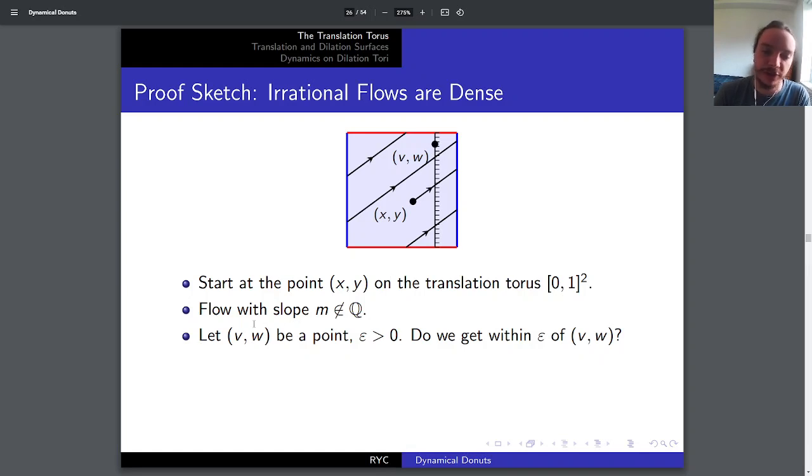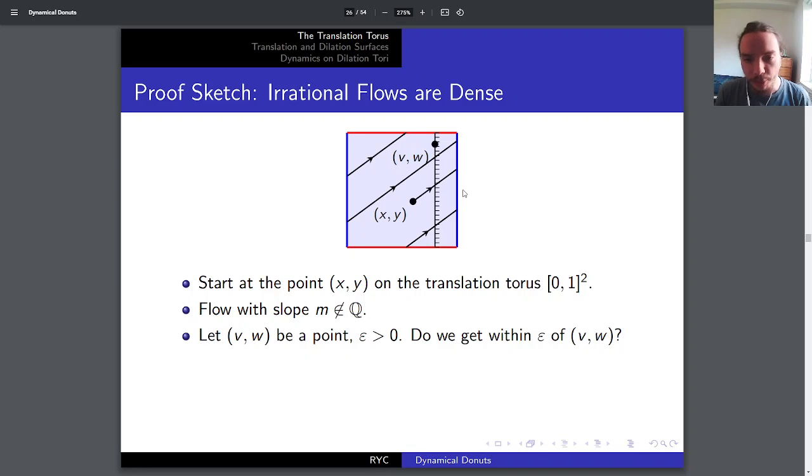So we'll pick a point VW, we'll pick an error epsilon, and we want to know if we ever get within epsilon of VW. So you can imagine a little circle around VW with radius epsilon, and we want to know if our line ever intersects that circle. And if it does, then, well, we can make epsilon smaller and smaller, and we can say that over time our flow will keep getting closer and closer to VW. Okay?